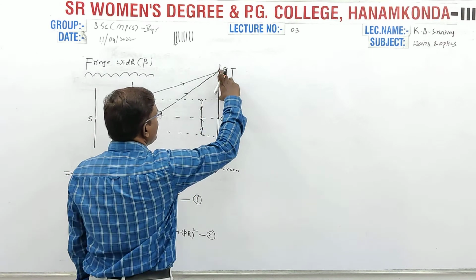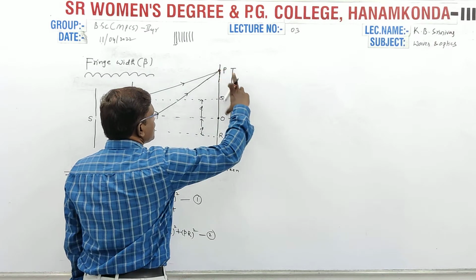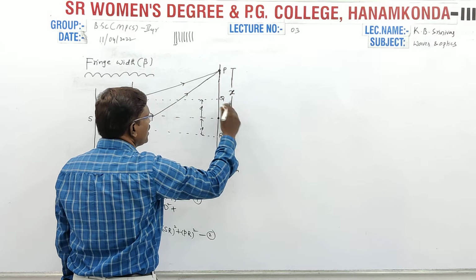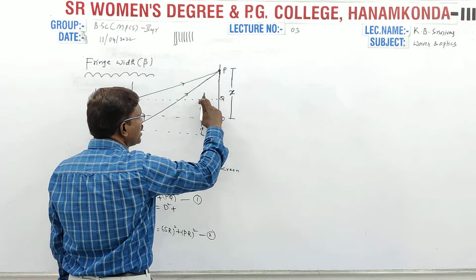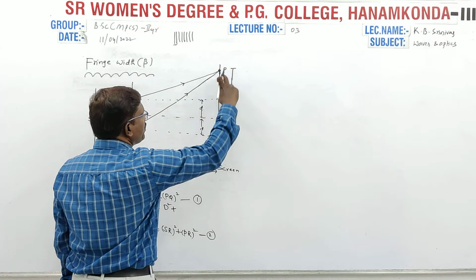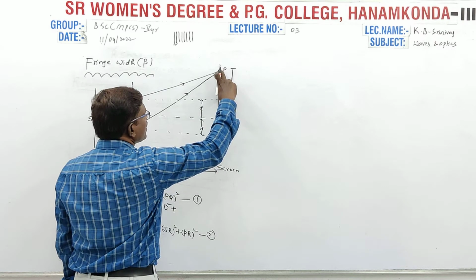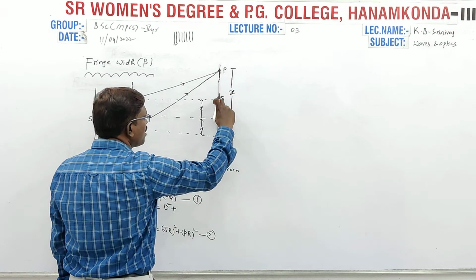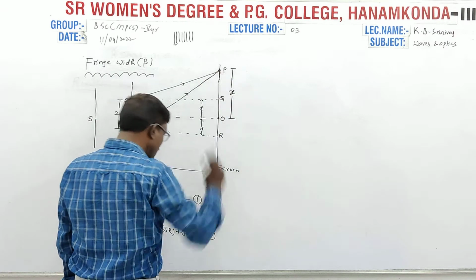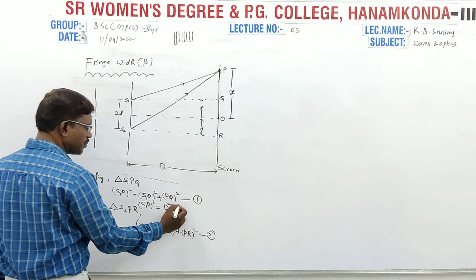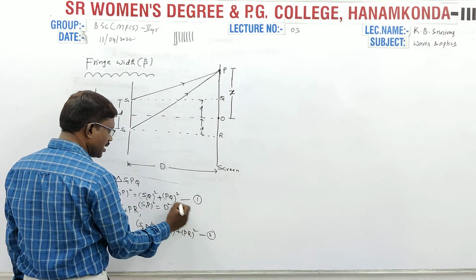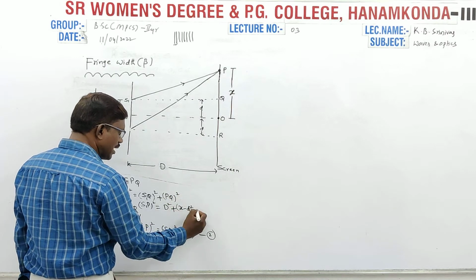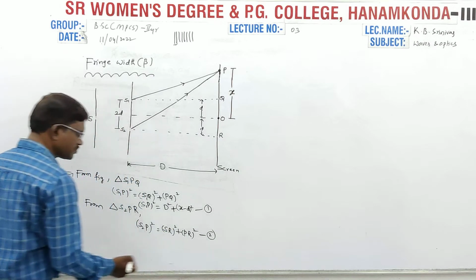How do we calculate the PQ value? This total distance is X, and this distance is already small d. Total distance X minus small d gives the PQ value. Instead of PQ, you can replace it with X minus small d, and we have the square, X minus d whole square. Let this be equation number 1.